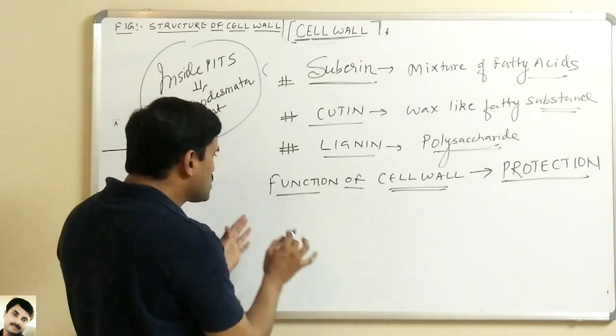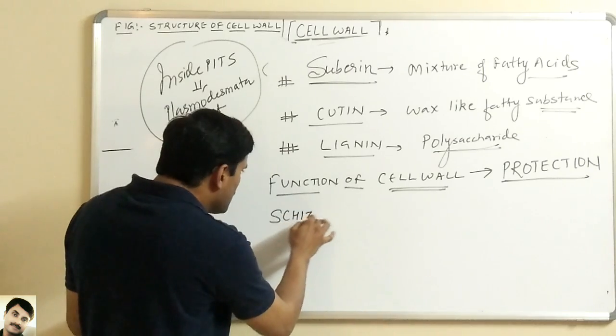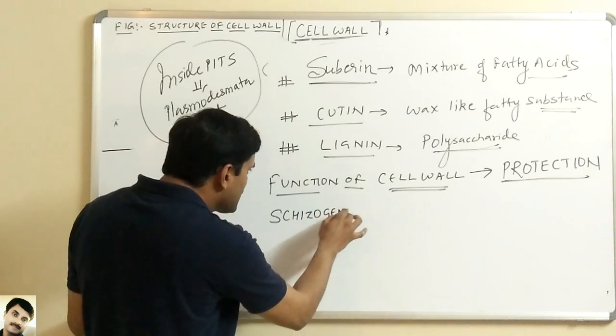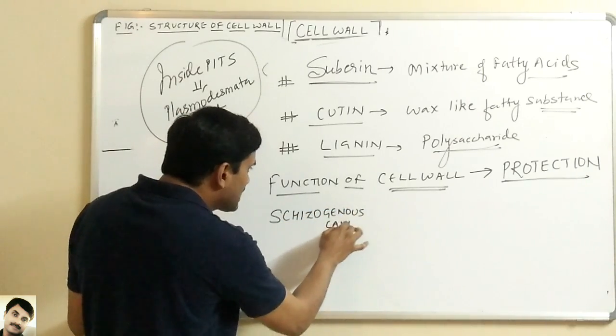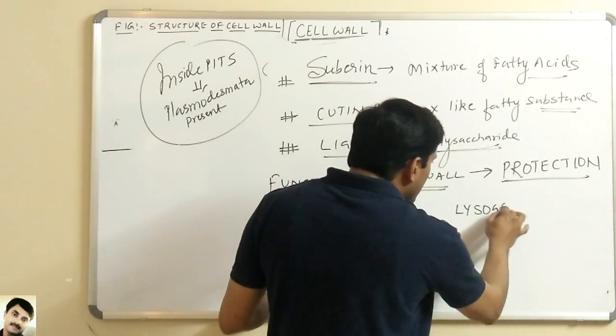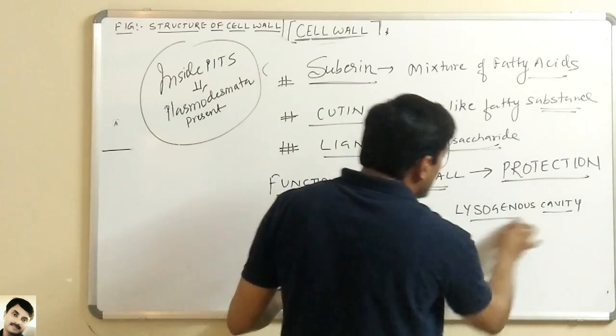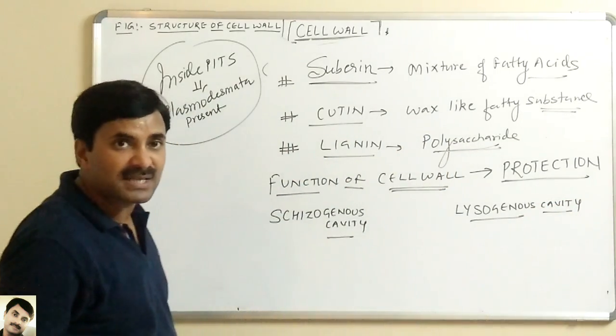One thing at the last: we must know what the cytogenous cavity is, how this cavity is formed, and we must also know about the lysogenous cavity. Many times this question is asked in the medical entrance examination.